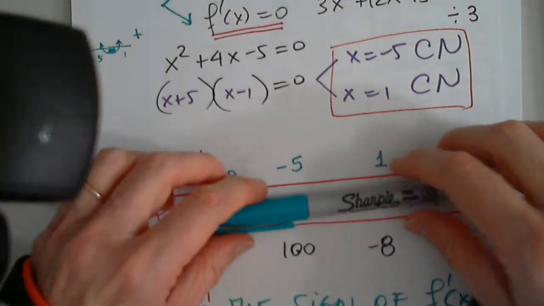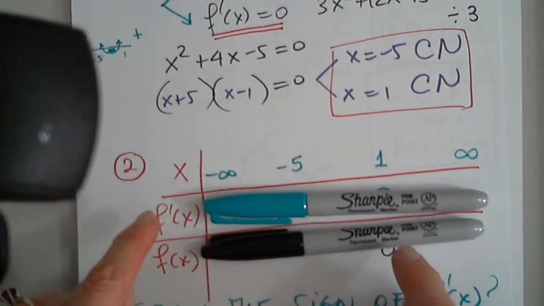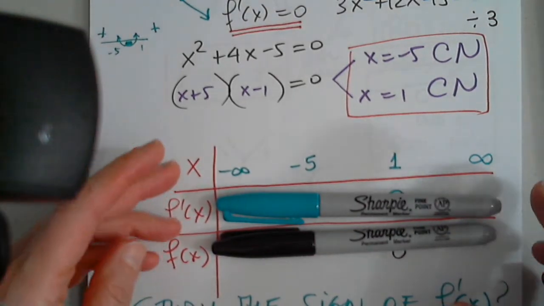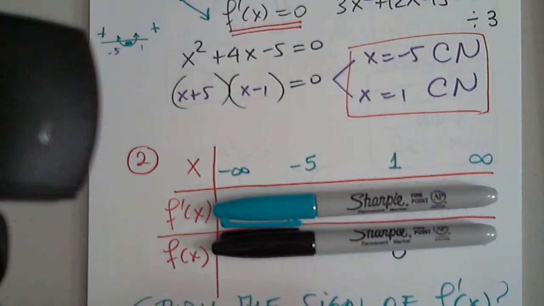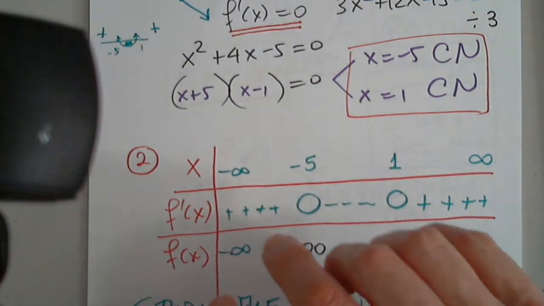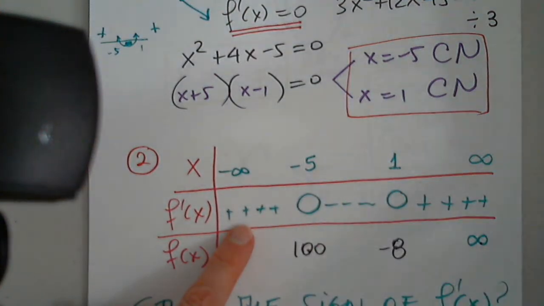At this point, I have to make sure that these two rows go well together. If they don't, I'll say, oops, apologize, and start from scratch. That's when I catch my mistakes. So when the derivative is positive, what does the function do?